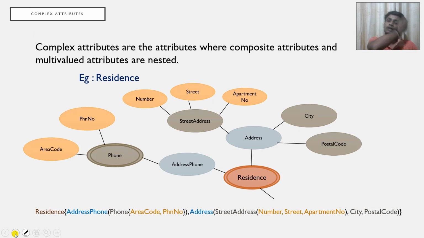Okay, so the complex attributes. As its name says, it is complex. Maybe your diagram having these sorts of complex attributes means your database is more complex.